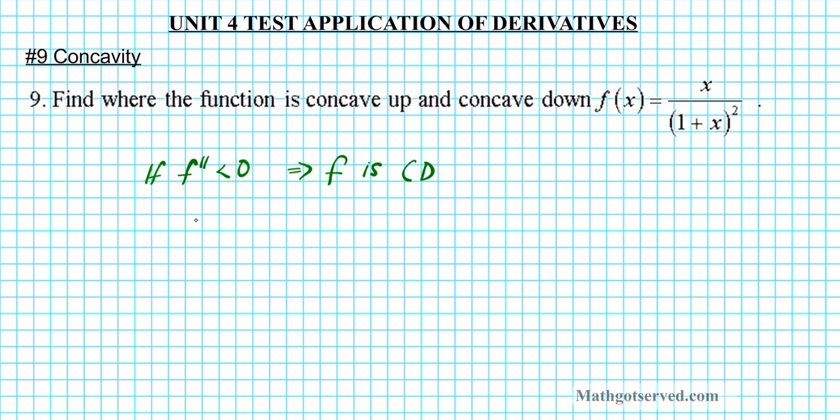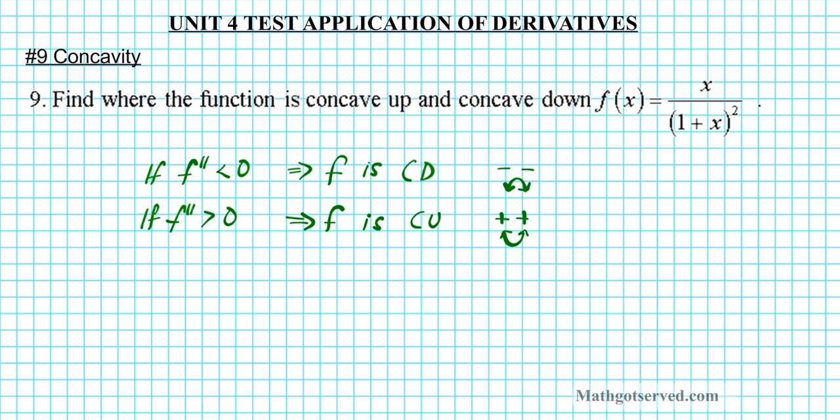And if the second derivative is greater than 0, then the function is going to be concave up. So don't forget, negative means downward facing concavity for the second derivative, and if the second derivative is positive, that means upward facing concavity.